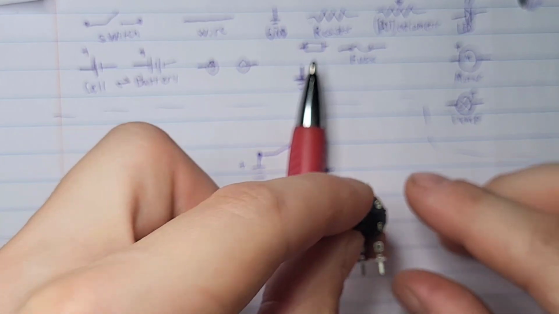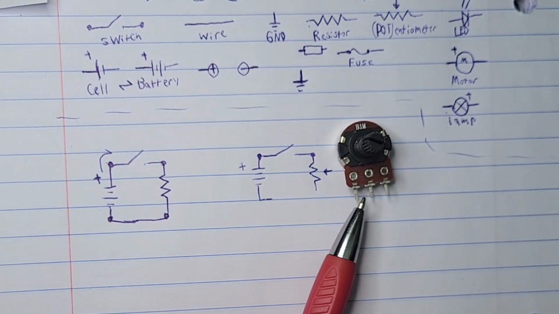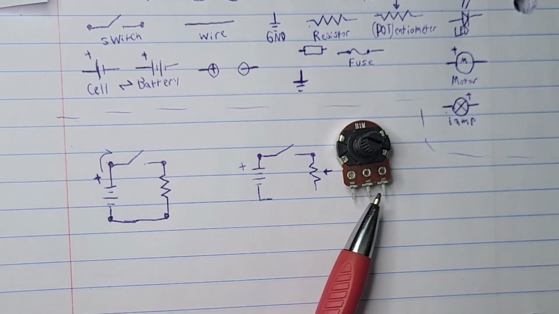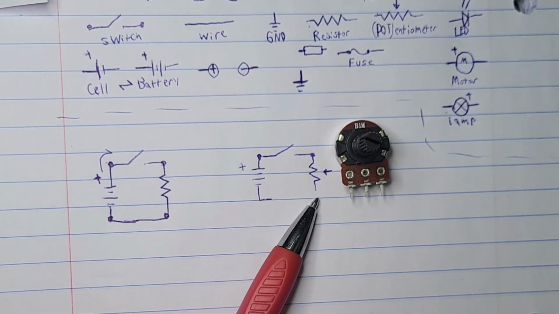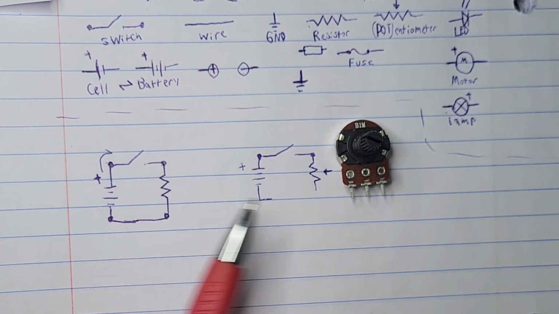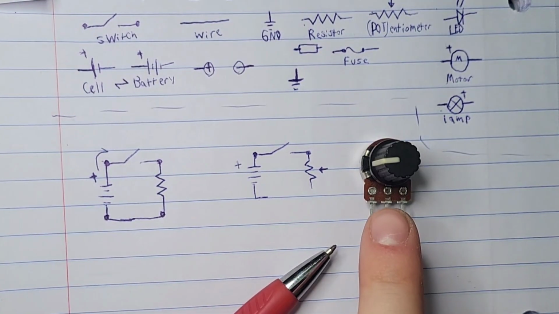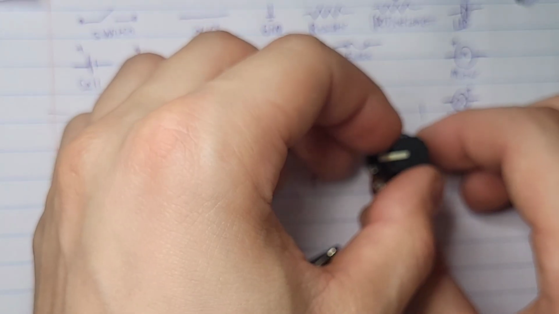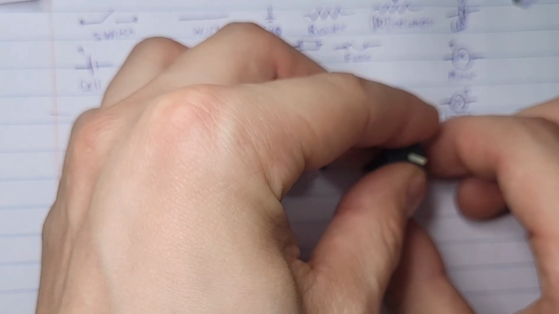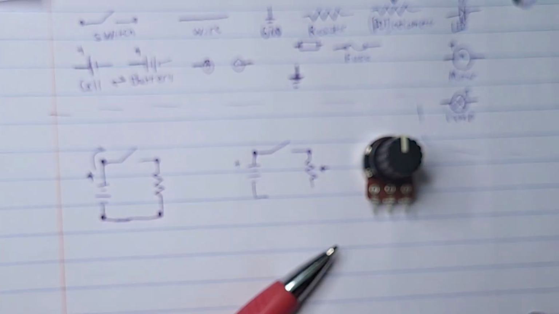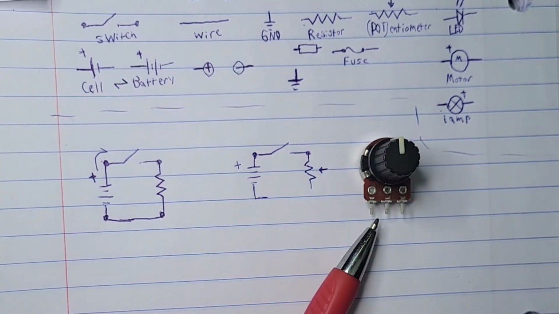So if you read the resistance between here and here, it'll be the same as a typical resistor from here to here. So it's not going to change. If you rotate this dial any distance, any degrees, these 2 points will not change.